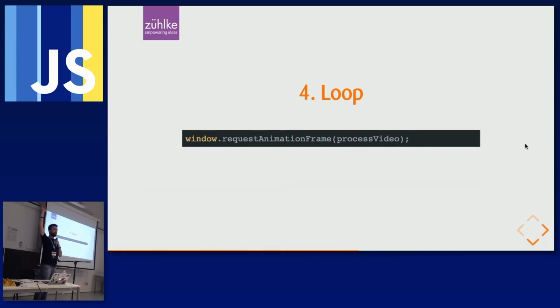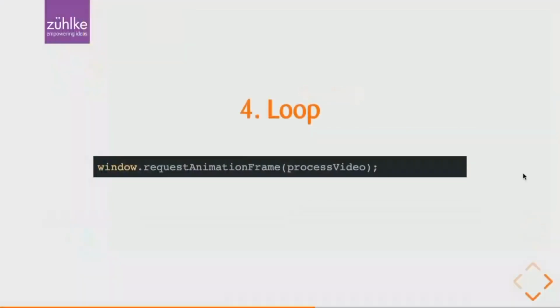Who knows requestAnimationFrame in here? Oh, cool, okay. So for the ones that don't know it, we can ask the browser to call us at 60 frames per second if possible. We can hand in a function and the browser will schedule us and will try to call us every 13 milliseconds? So we have 60 frames per second.